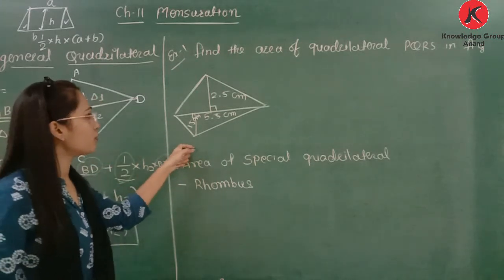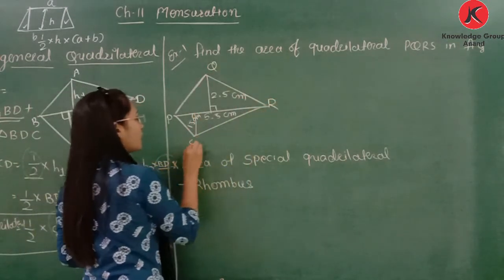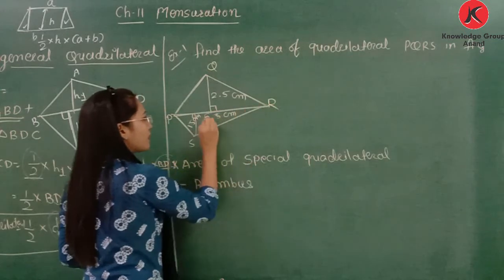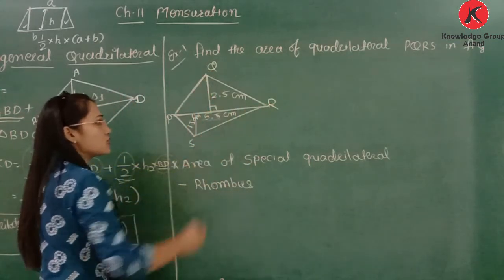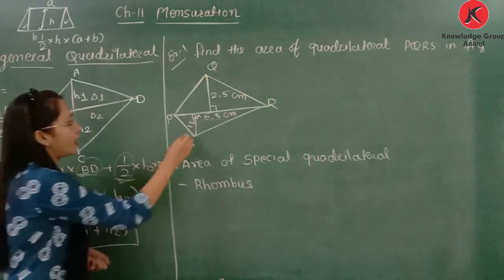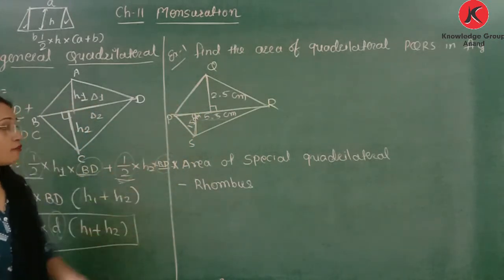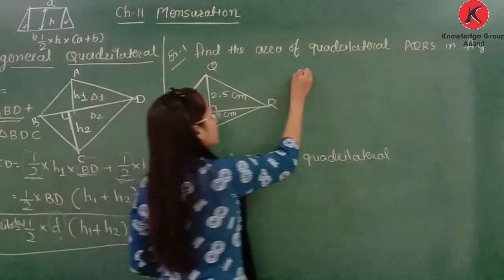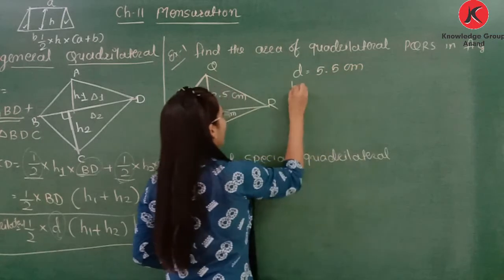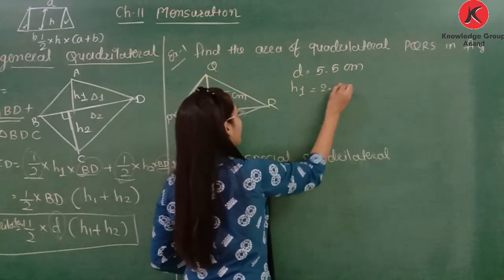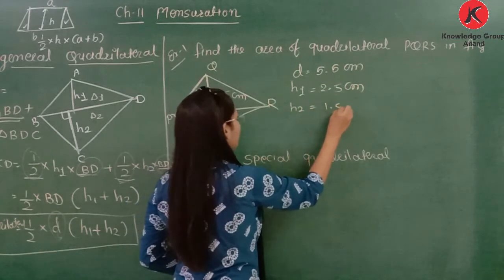But here in the figure you can see, if we consider this as PQRS, this diagonal measurement is given 5.5 and the height according to the diagonal is given 2.5 centimeter, and for this it is 1.5 centimeter. So if these measurements are given, then you can write D is equal to 5.5 centimeter, H1 is given 2.5 centimeter, and H2 is given 1.5 centimeter.